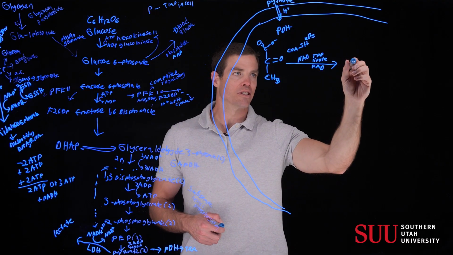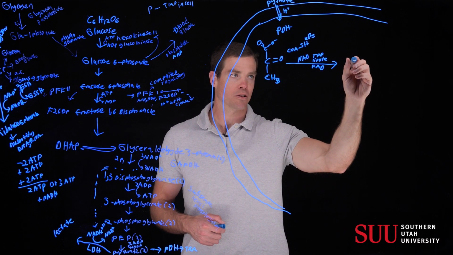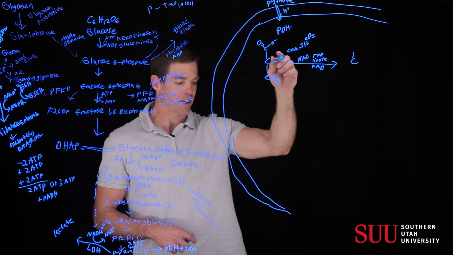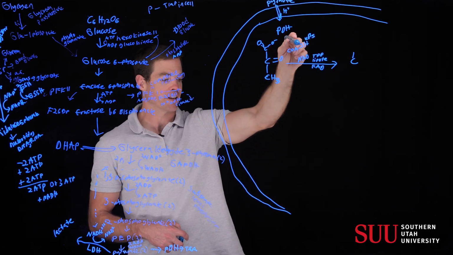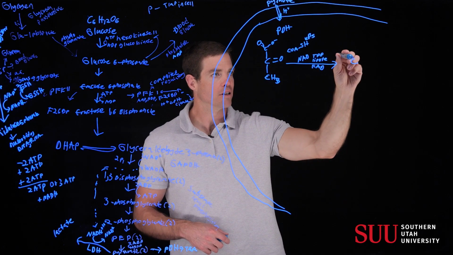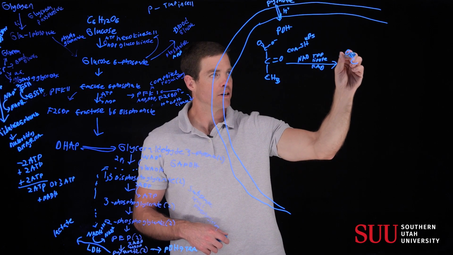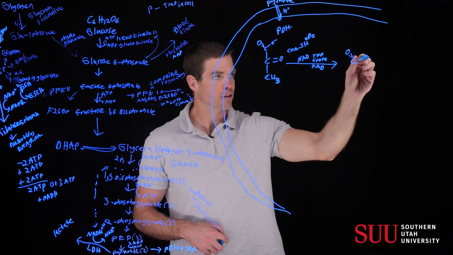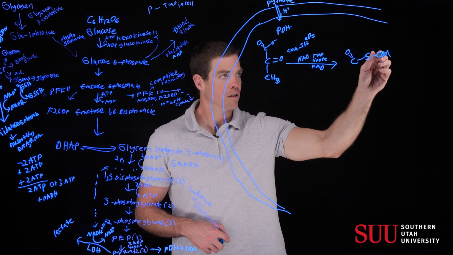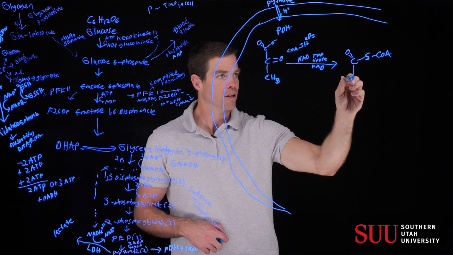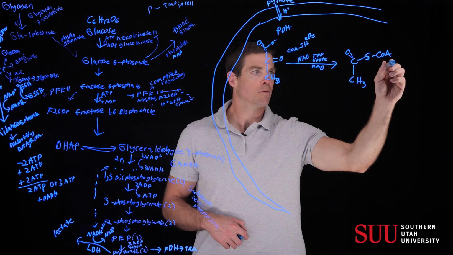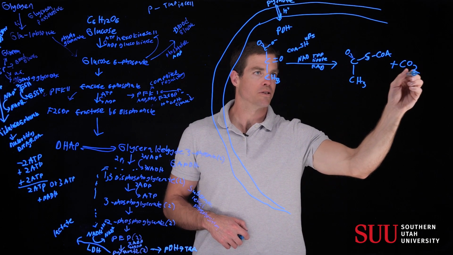And now you're just going to end up with a 2-carbon molecule. Okay, so you have your carbon, and now you've added the CoASH right here. Actually, maybe draw it a little bit differently. Here, and now you're going to get your CoA, and then your CH3, plus the CO2 because that was decarboxylated.